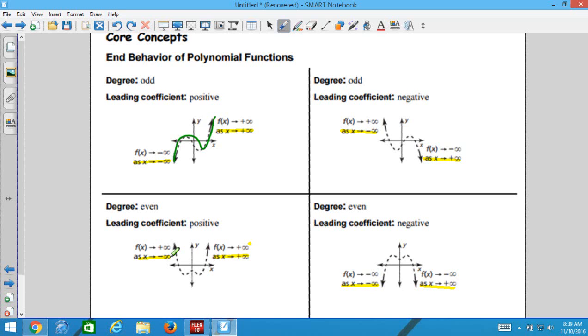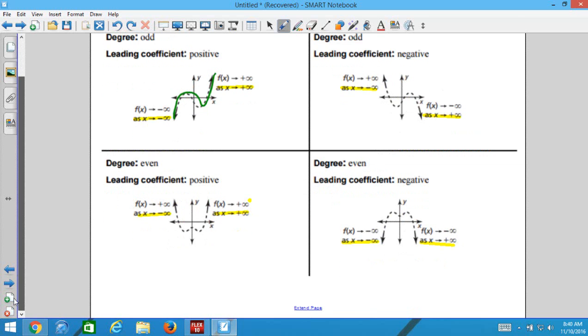For this side it says x, and then there's an arrow, which I'm going to write down the meaning of in just a second. But every single one of them says x arrow negative infinity, and then on the right says x arrow positive infinity. The left side says x arrow negative infinity, and then the right side says x arrow positive infinity. Every single one of them says that.